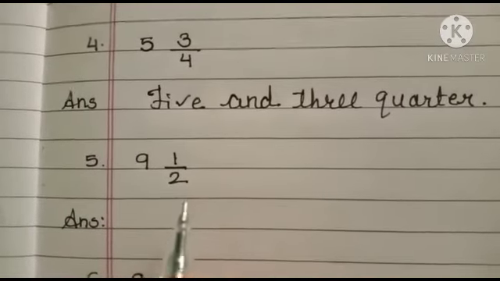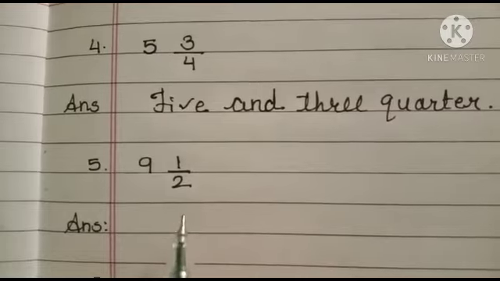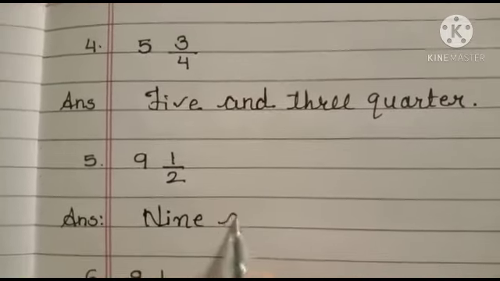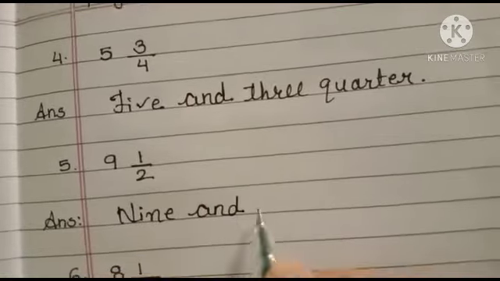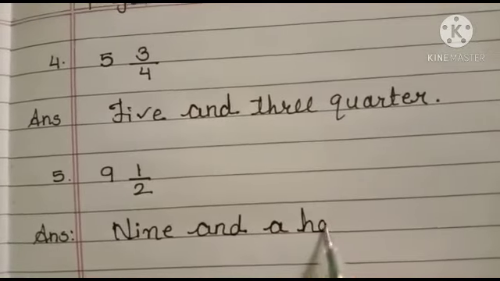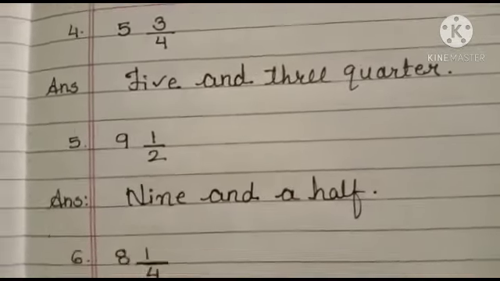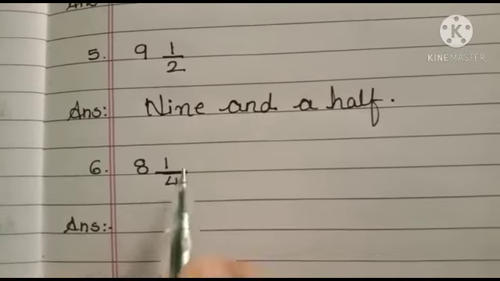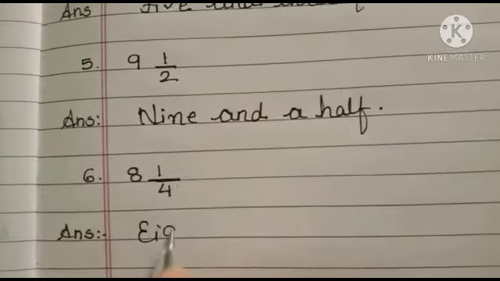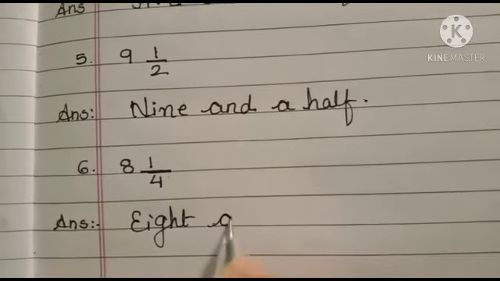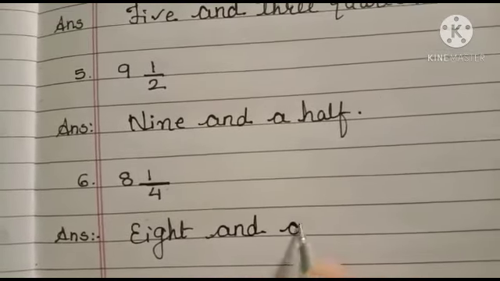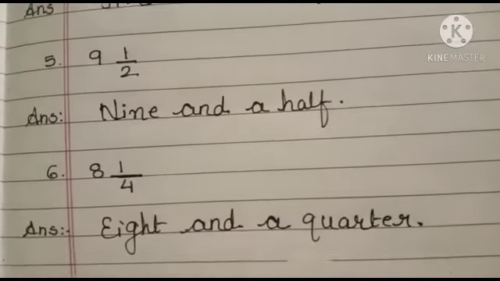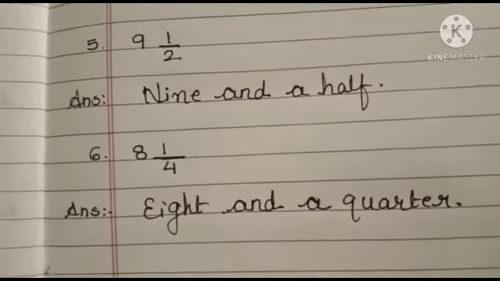So we can write here 9 and a half. And the next one is given 8 and 1 upon 4. That is 8 and a quarter. In this way you have to write the given fractions in words.